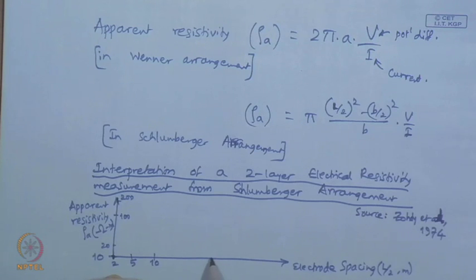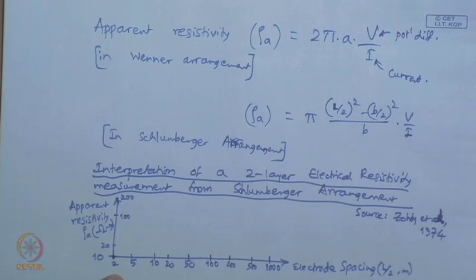So, here this is 100 and then this is 1000, and in between we have 20, then 50, similarly 200, then 500.